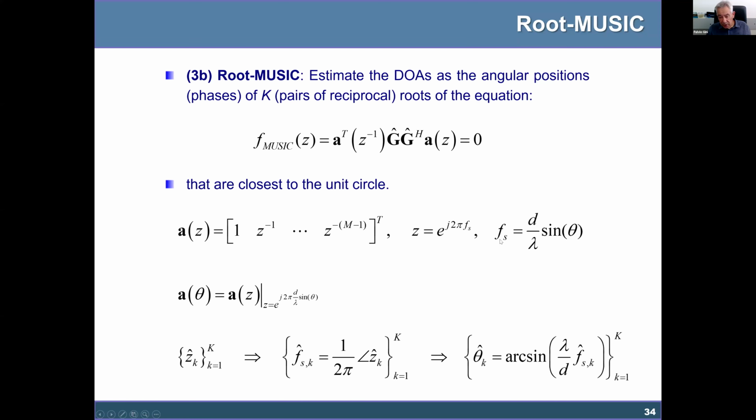Once we have the spatial frequency, you multiply by lambda divided by d, and then you calculate the arcsine, and you get an estimate of the direction of arrival. So basically, first you find the k roots of this polynomial, and then from the roots, you find an estimate of the direction of arrival.